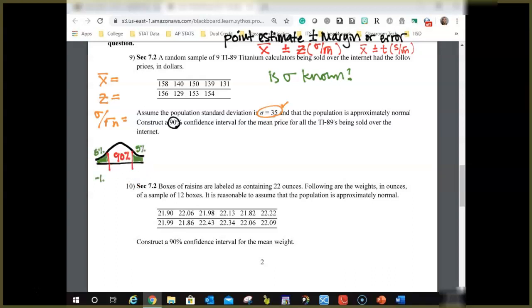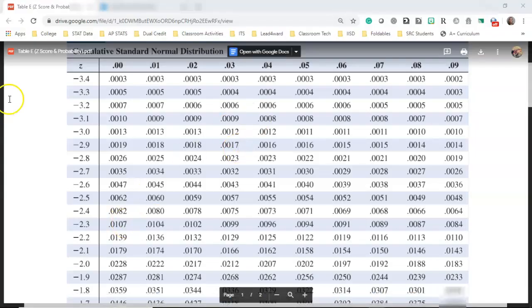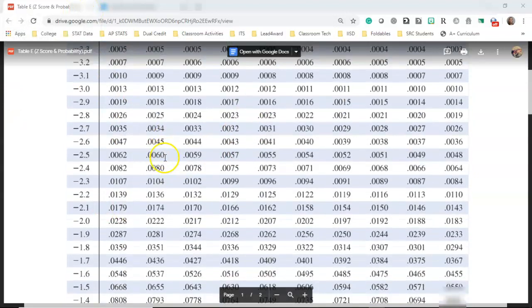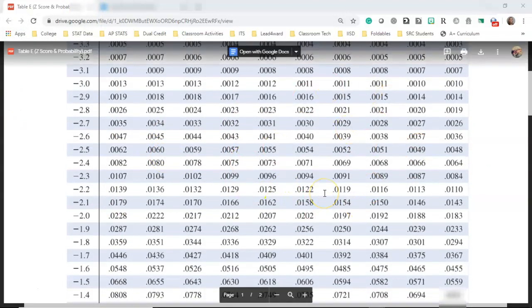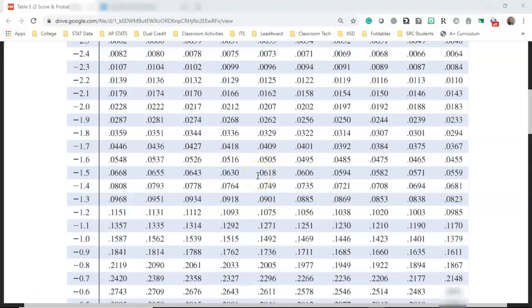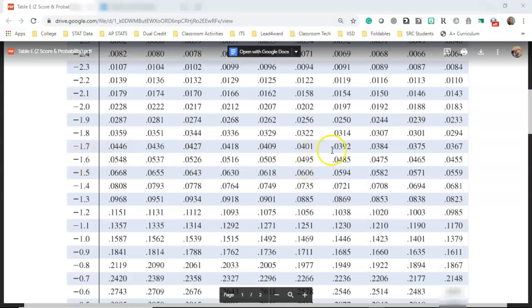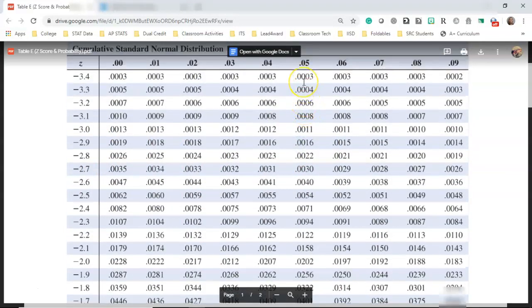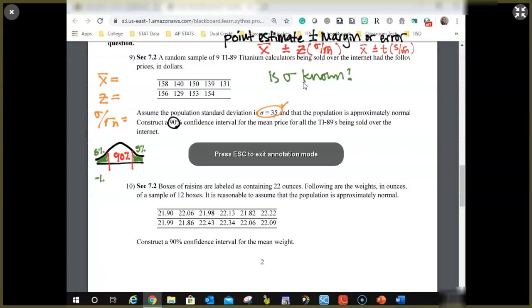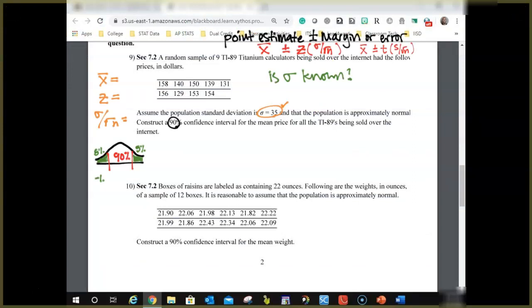So if I go to my table E and I want to find the number closest to 5%, 0.05, which would be this one, negative 1.65, and so we know for our confidence interval the critical value will be plus or minus 1.65, but we just use positive 1.65 because the plus or minus is already in the formula.